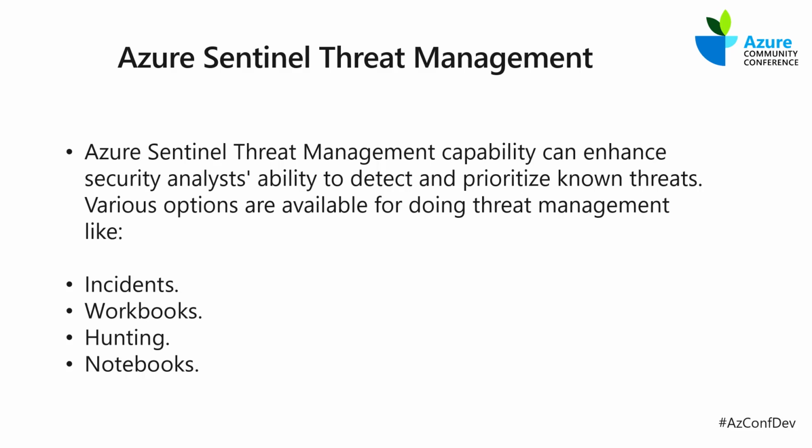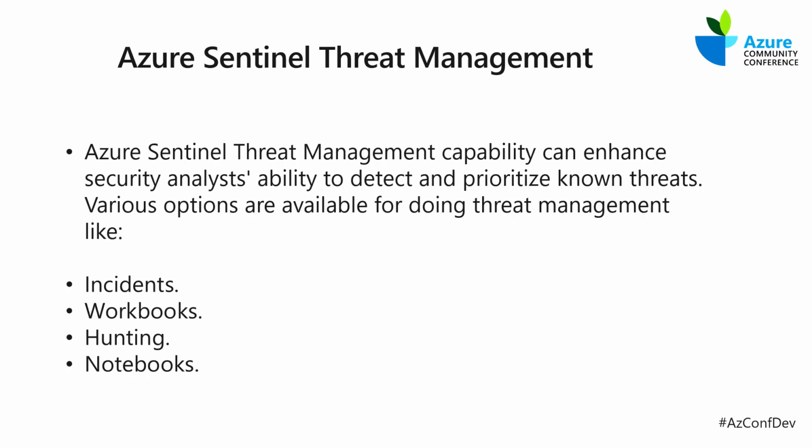Sentinel also provides hunting capabilities, so we can correlate threat intelligence with event data via KQL queries to add contextual insights to an investigation, and this is done using the hunting capability.